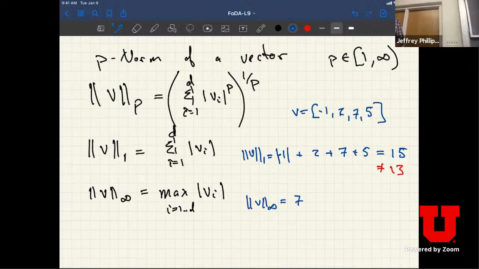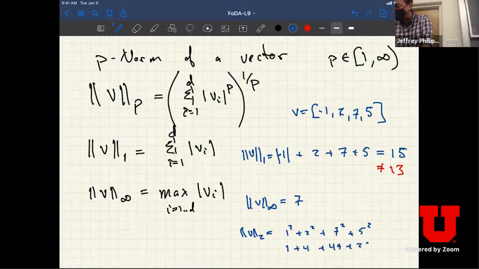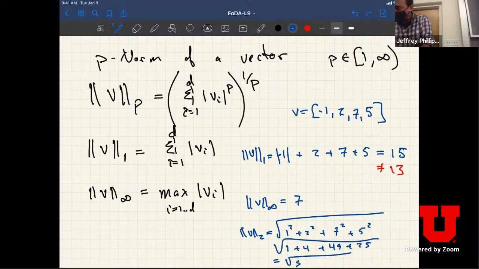That's the biggest. Okay. If I do the 2 norm, this one I probably would want to calculate with Python, probably because I'm lazy, but let's try and do it. 1 squared plus 2 squared plus 7 squared plus 5 squared. This is 1 plus 4 plus 49 plus 25. And this should be equal to the square root of 79, right?